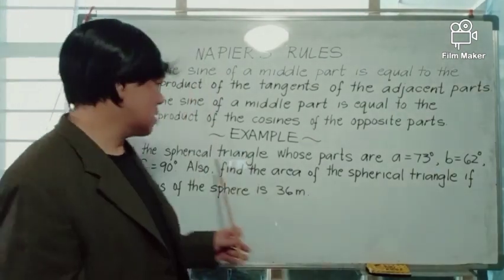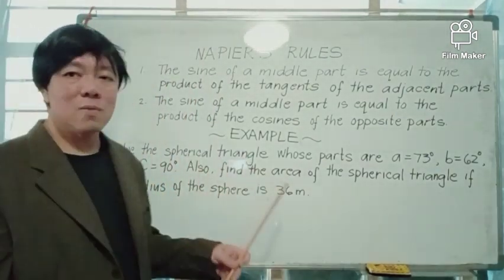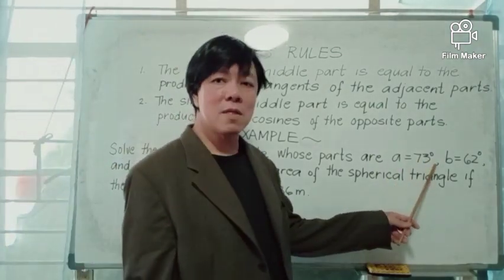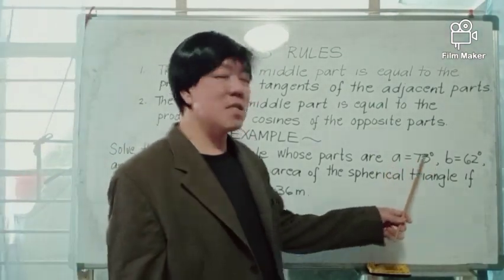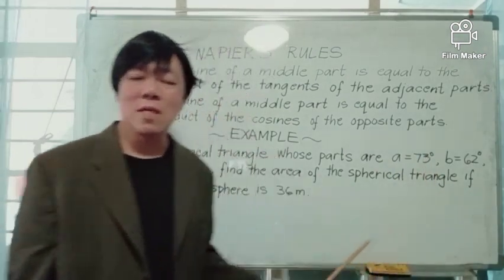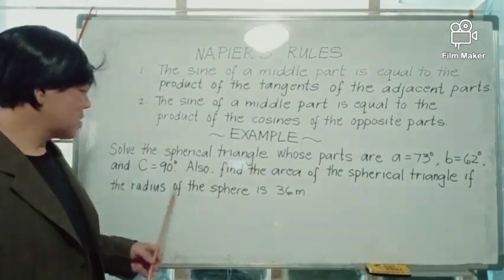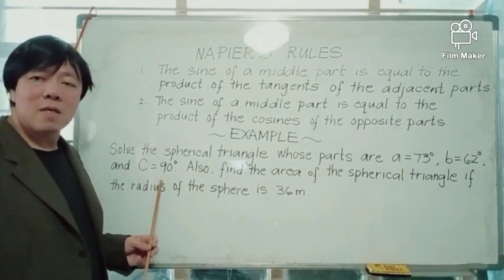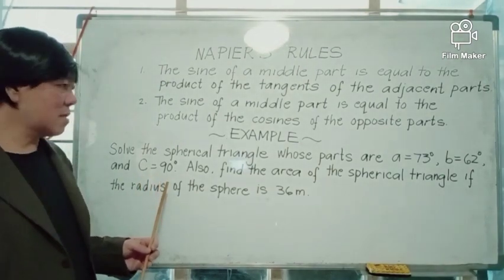So two central angles are given, and one surface angle is given, capital C, which is a right angle. To solve this spherical triangle, we have to find the third side, small letter c, because small a and small b are given. Small letter c is the side of the spherical triangle opposite the right angle, capital C equals 90 degrees.